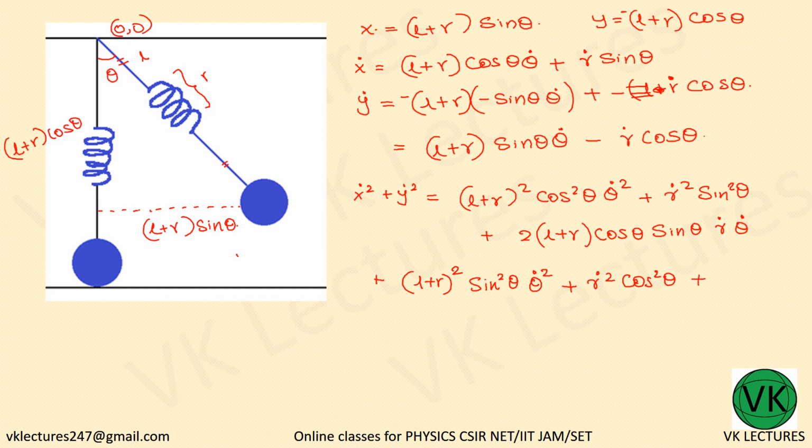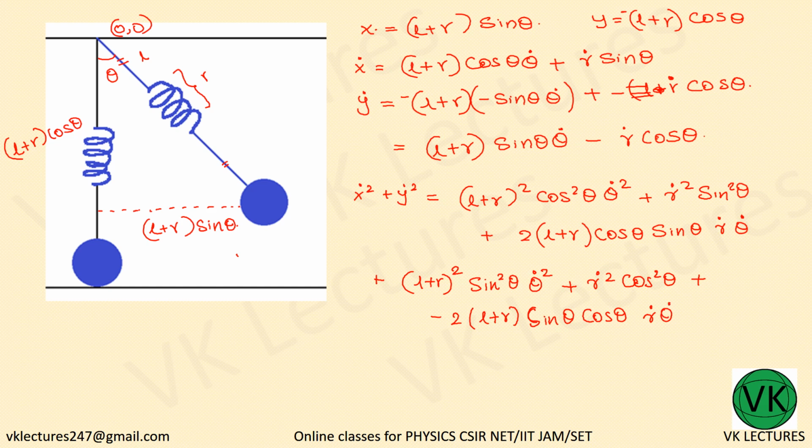And this is a minus b, so that means minus 2 times (L plus R) sin theta cos theta R dot theta dot.